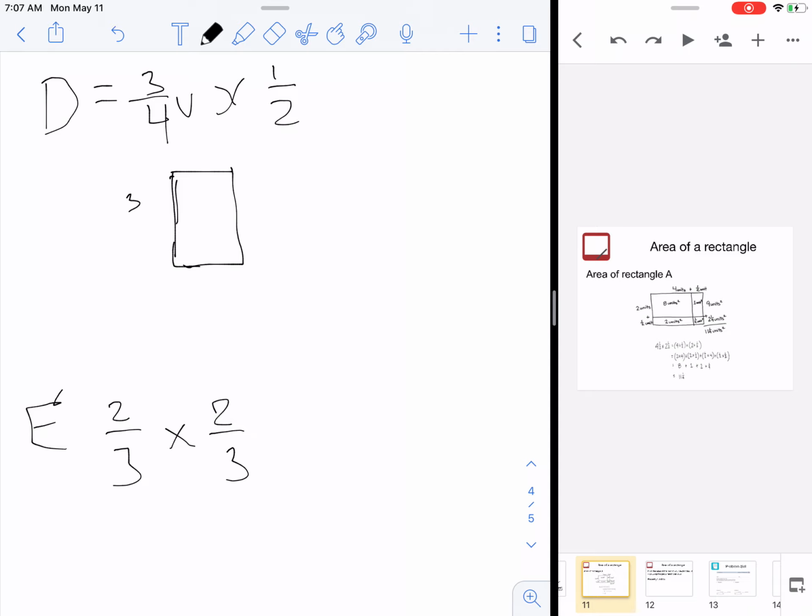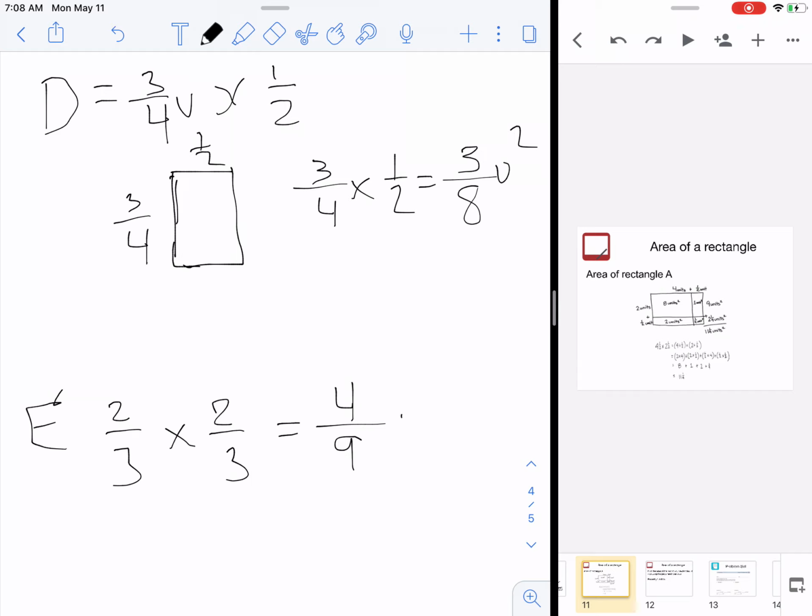But 3/4, 1/2, 3/4 times 1/2, 3/8 units squared, and 2/3 times 2/3 is 4/9 units squared.